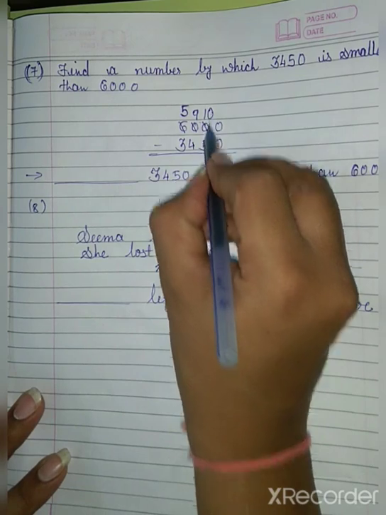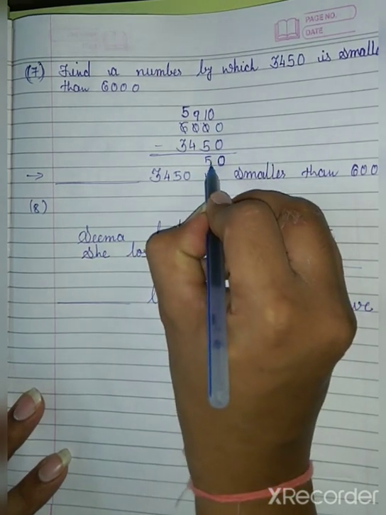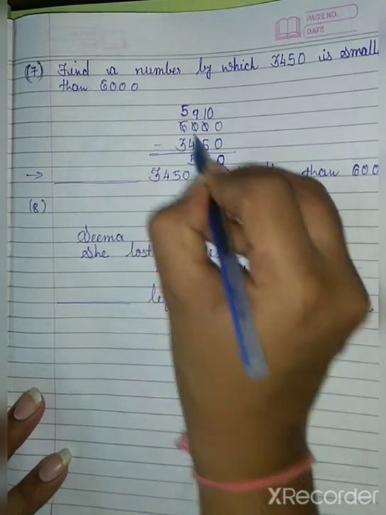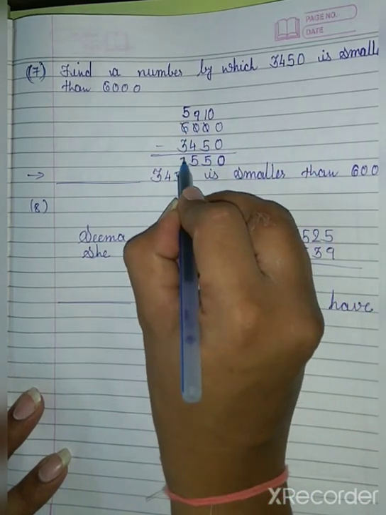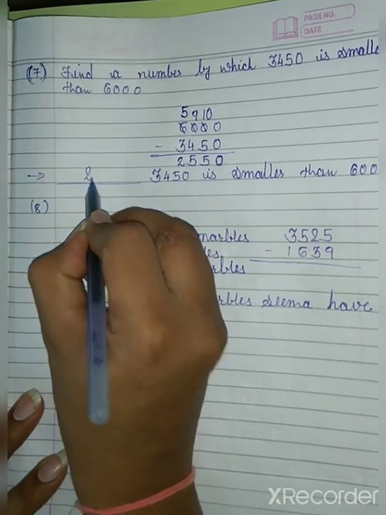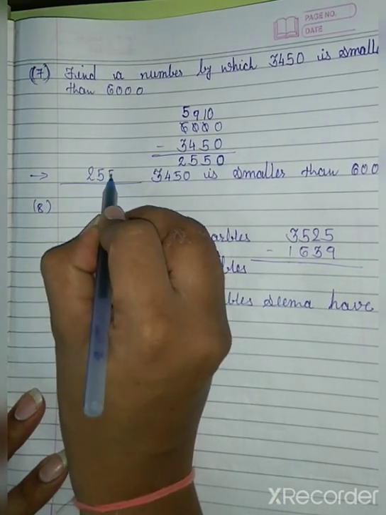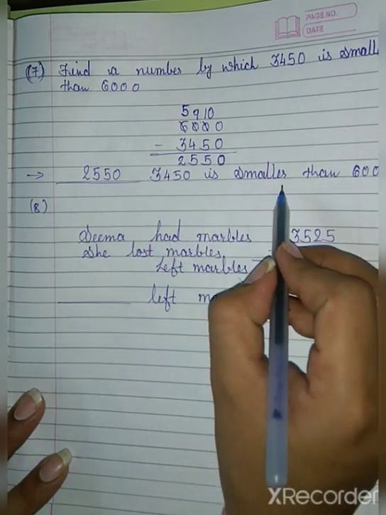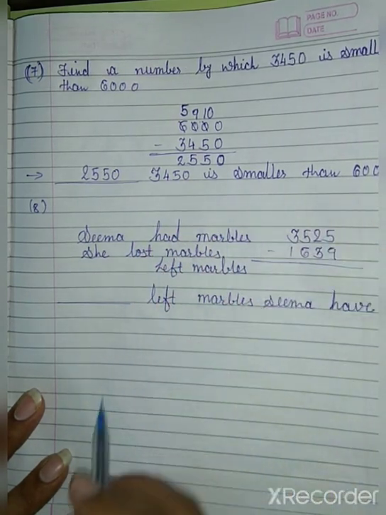Okay, so 10 minus 5, 5. 9 minus 4 is equal to 5, and 5 minus 3 is equal to 2. So 2550 is the value which is smaller, 3450 smaller than 6000.